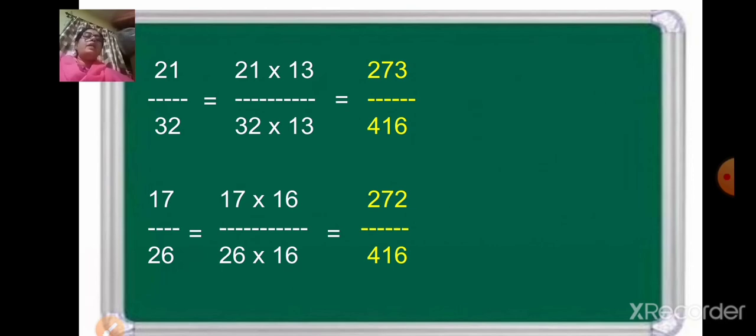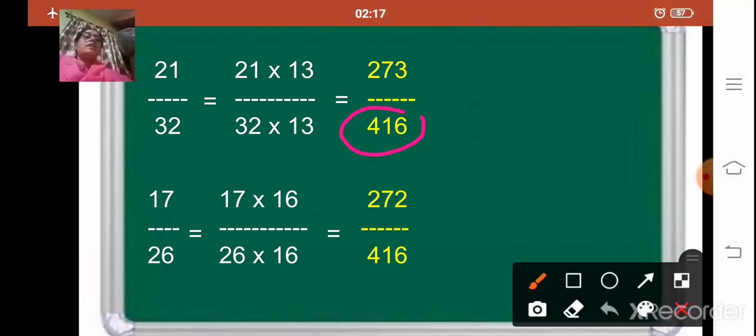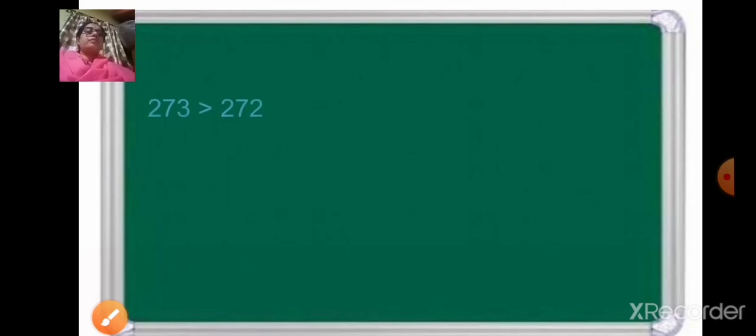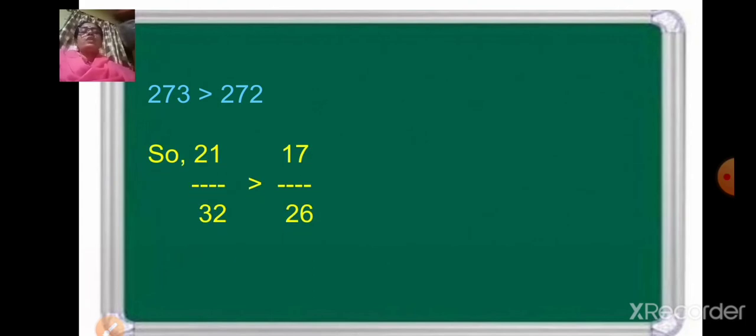Now you have made both the fractions, that is denominators are same, so both are like fractions. Okay, now the third step is you will compare the numerators. Okay, so 273 and 272. Now 273 is greater than 272. That means your fraction 21 upon 32 is greater than 17 upon 26.